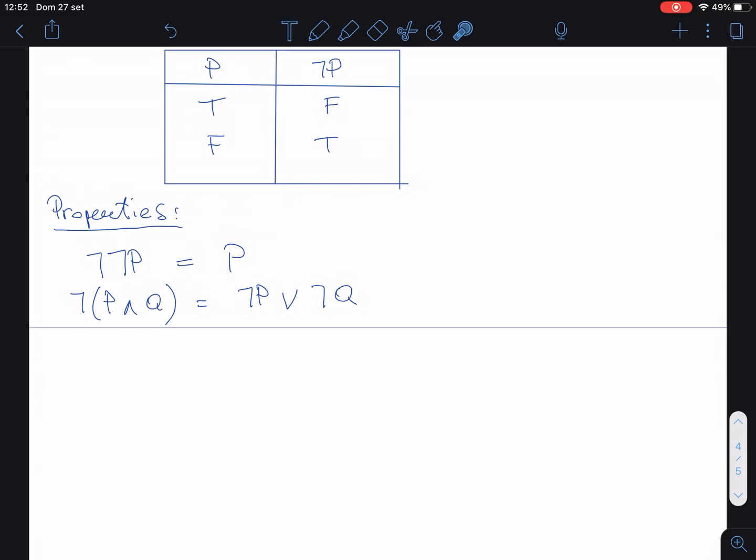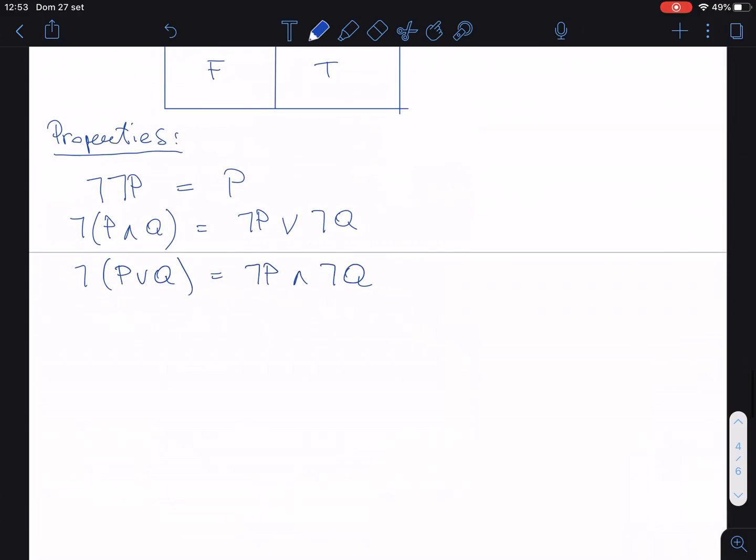Okay? This is why not reverses the logical connective, and in a completely analogous way we have this rule. This is not P, not Q. Okay.